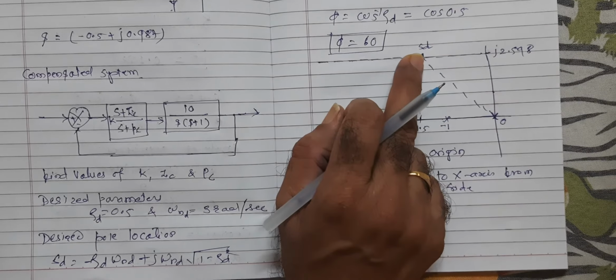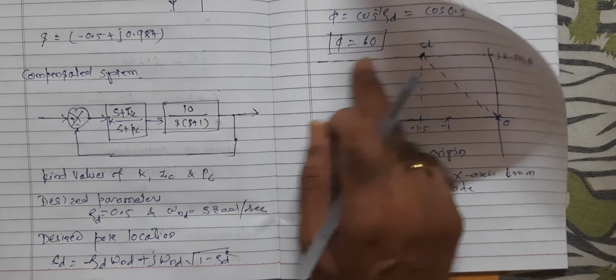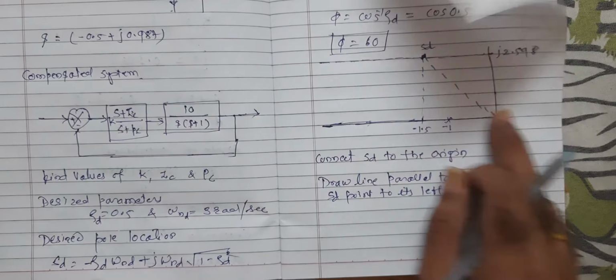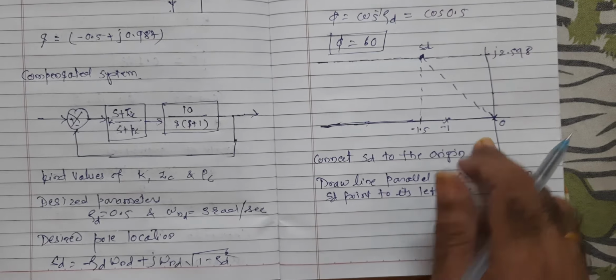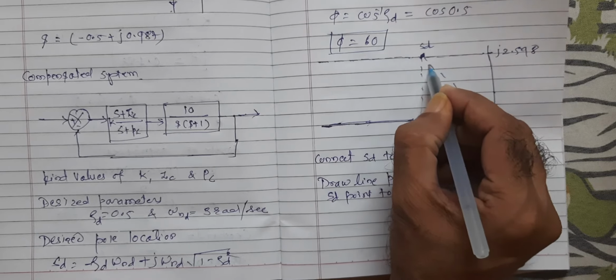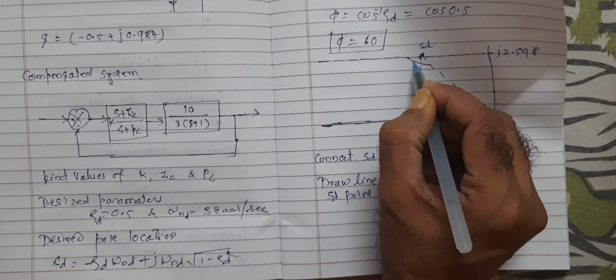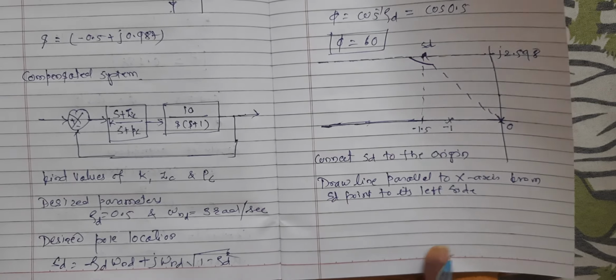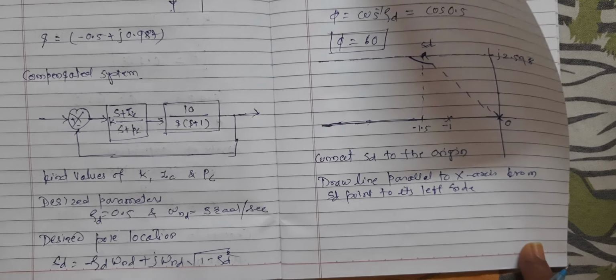So we are connecting this SD to the origin and drawing this line parallel to the x-axis. Now here it will form one angle. Now we have to find the bisector of this angle.